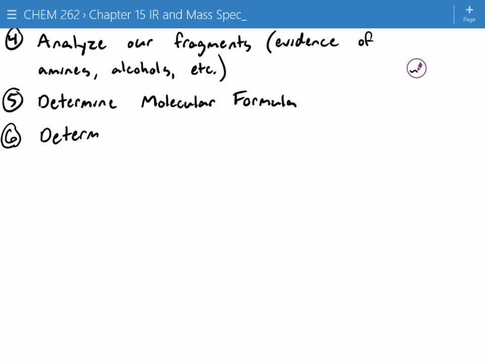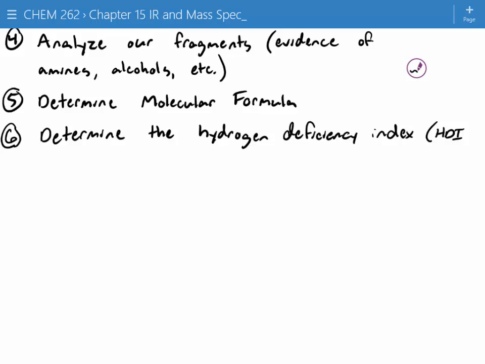And then number 6 is really useful: determine the hydrogen deficiency index. The book calls this the HDI. I think Sapling has some other acronym that they use for this, but it still refers to the same thing.